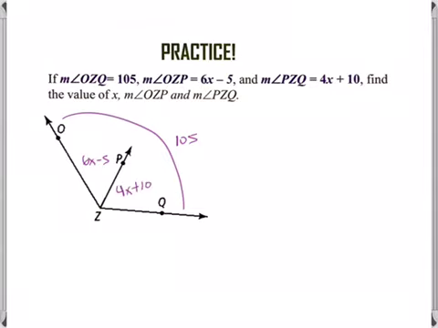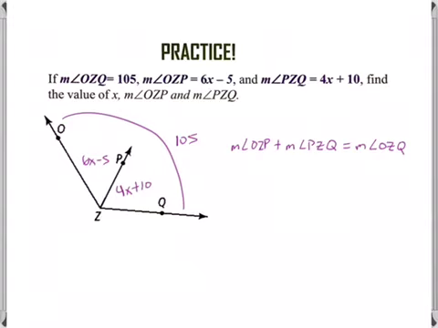So once again, this is like the segment addition where we're going to take part plus part equals whole. So I'm going to take the measure of OZP plus the measure of angle PZQ and set it equal to the measure of angle OZQ. So I'll set up the equation accordingly.